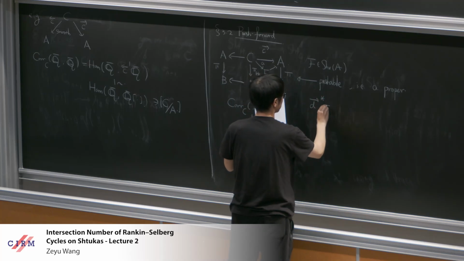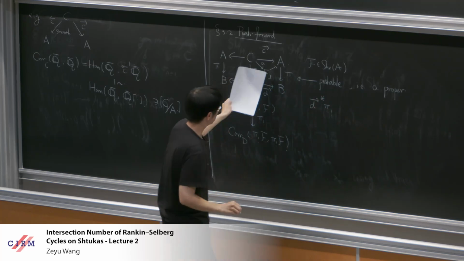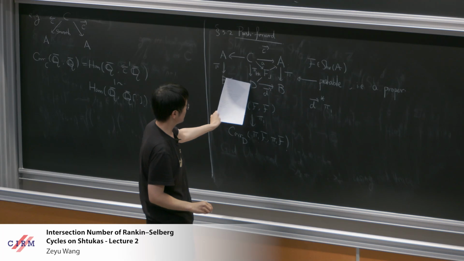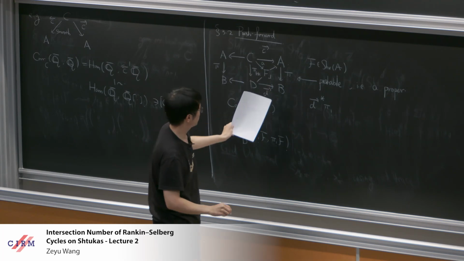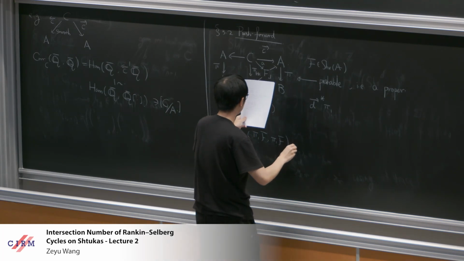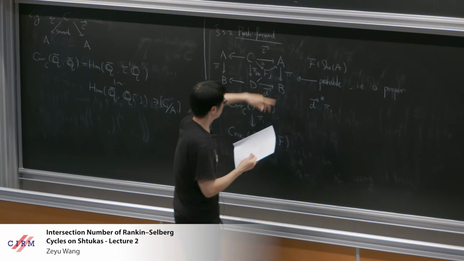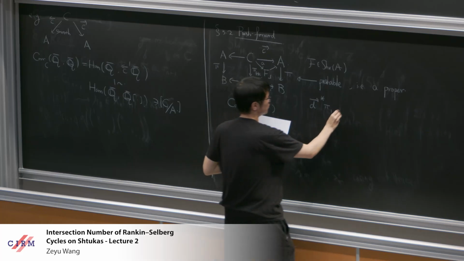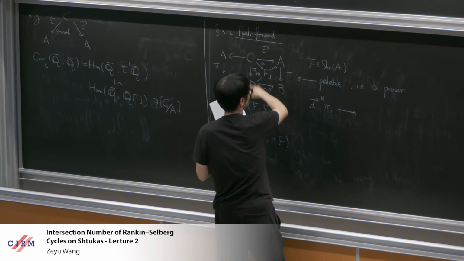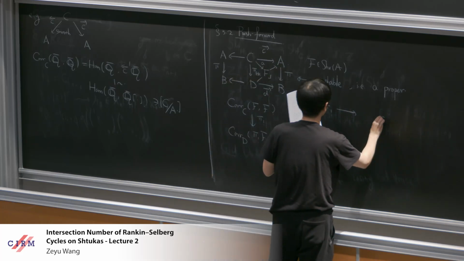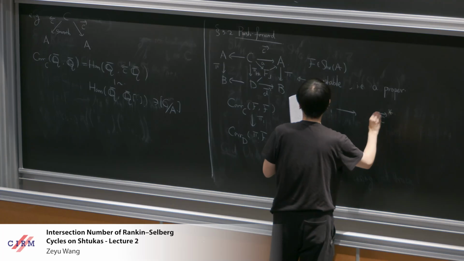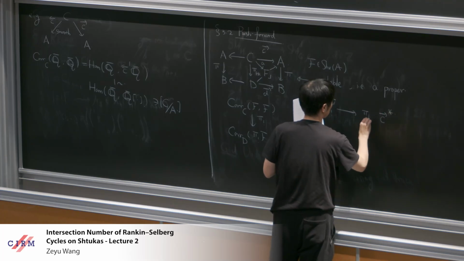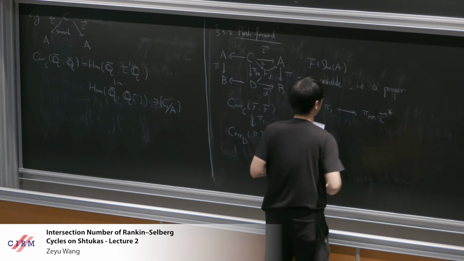Suppose you are in this case, then you can just play with 6 functors. You will see that there's a base change map from lower shriek upper star to upper star lower shriek.